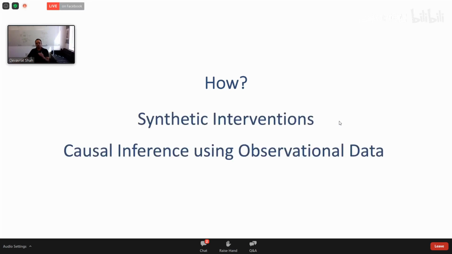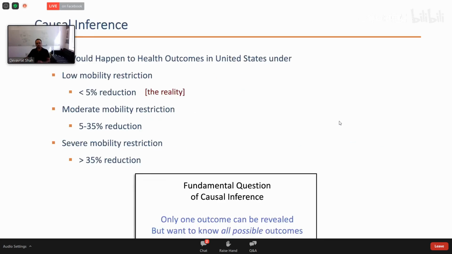So synthetic intervention, that is causal inference using observational data. So let's ask the question, what is causal inference and what is the problem of it? Okay. So as we discussed in this specific scenario, we want to know the health outcome for United States under all possible scenarios, that is 3 different scenarios, even though we observe the true outcome only under one scenario.